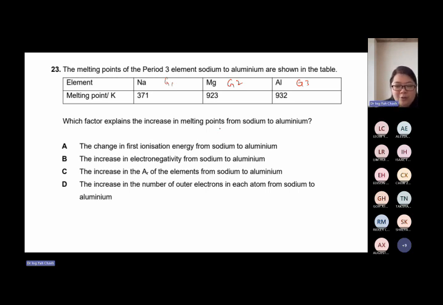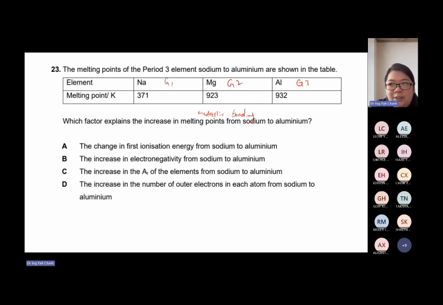For metals, when you talk about melting points, you look at the metallic bonding. Because in metals, the forces are intramolecular forces, which is metallic bonding. The strength of metallic bonding is affected by two factors.